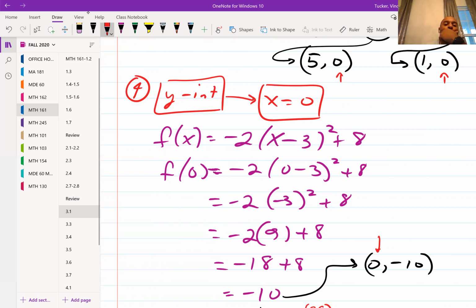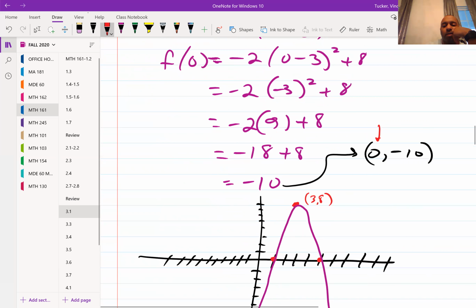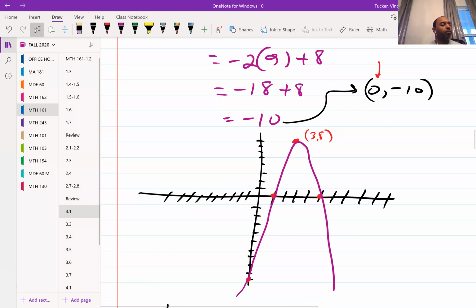All right. Any questions? So now graphing those points. That's what I did right here. So down here, 0, negative 10. Here's 5, 0.